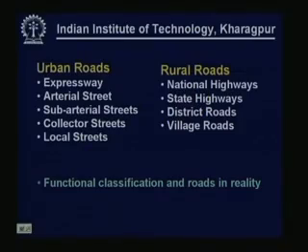Similarly, for rural highways, national highways are the highest category of road, then state highways, then district roads. District roads are again classified as major district roads, minor district roads, and then finally village roads. Village roads basically connect different villages in the interior.